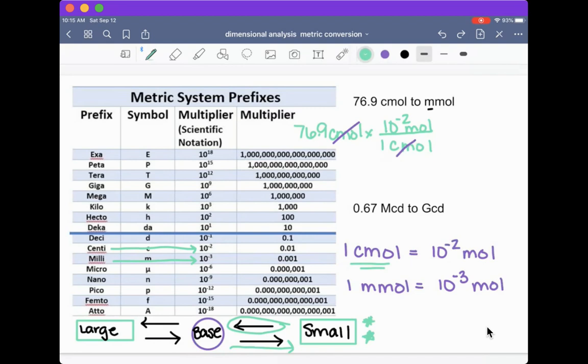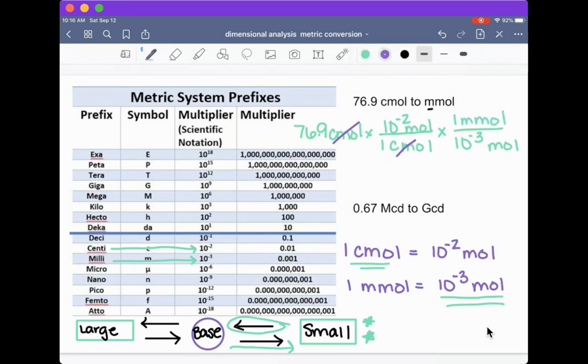So I'm going to go ahead and set up my next fraction. Because mole is the numerator in the previous step, it becomes our denominator in the current step. So here I'm going to use the 10 to the minus 3 mole, and I'm going to put the 1 millimole on top.